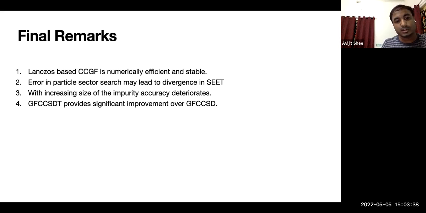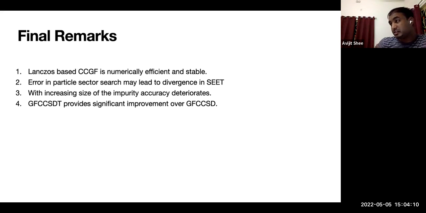And the next is that with increasing size of the impurity, accuracy deteriorates. And this is not good news, because if one wants to achieve convergence with respect to the choice of impurity, then one has to systematically increase the size. But this behavior of the CCSD solver kind of precludes this sort of convergence study.